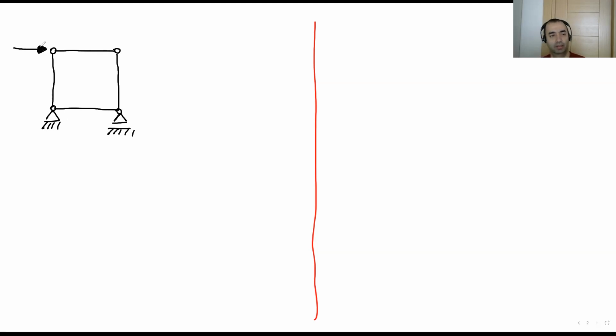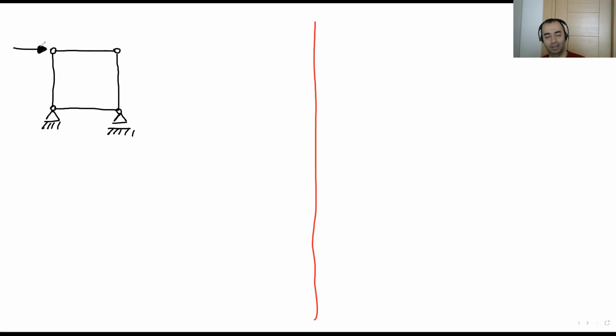how does this square system behave? What do you think? How does it deform? Can we carry this lateral load? If we understand this logic, everything is easy for us.